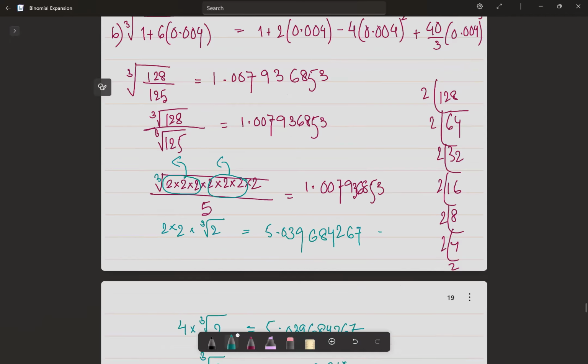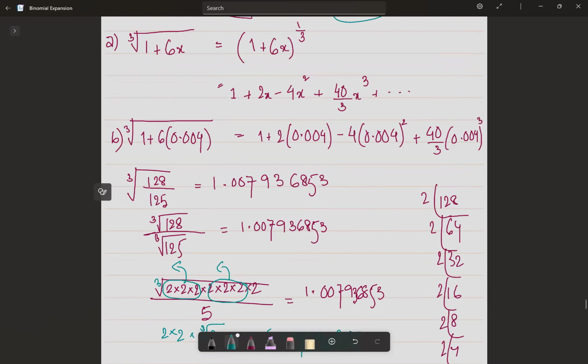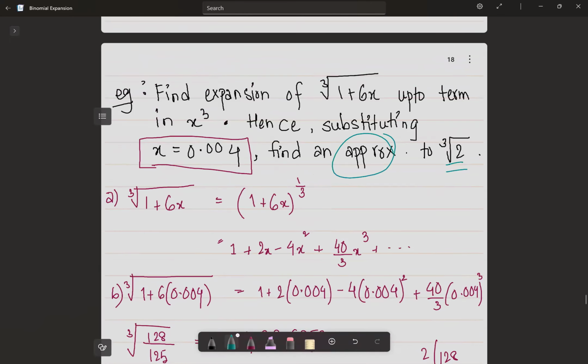So I hope this one was clear. It was not a very difficult one. We were first asked to expand. By now we should be able to expand on our own. Then in the next part, we were asked to substitute the value of x as 0.004 to find an approximate. So this part is the latter part of the question. We will deal with it later.